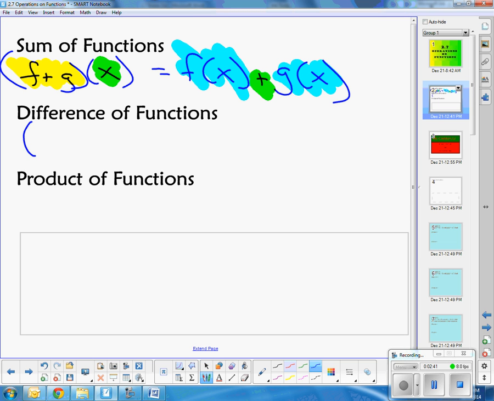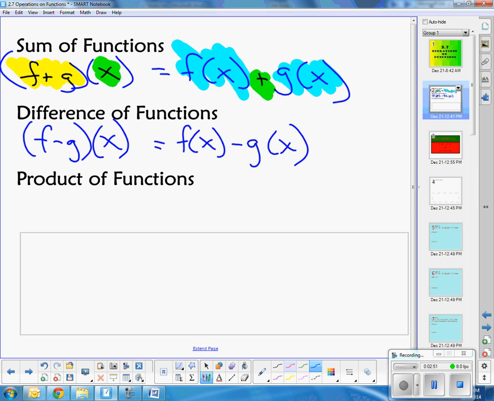The difference of functions, much the same, except we'll be using subtraction. So f minus g of x is equal to f of x minus g of x. The left side says I could subtract the 2 functions, write a new function, then put x into the new function. Or the right side says I can find f of x, get an answer, find g of x, get an answer, and subtract the 2 answers.